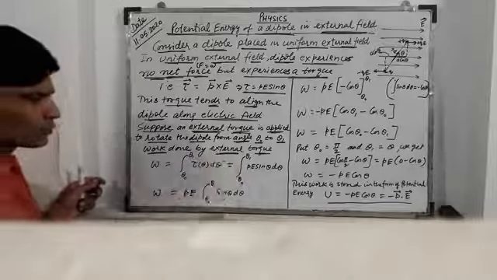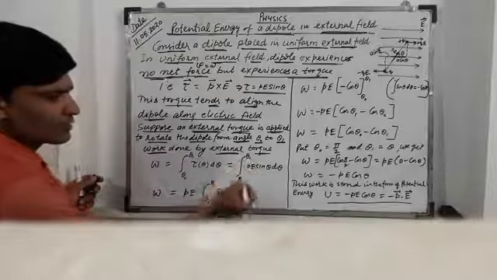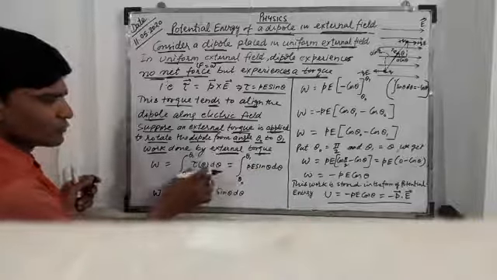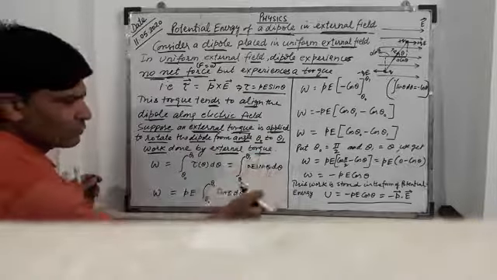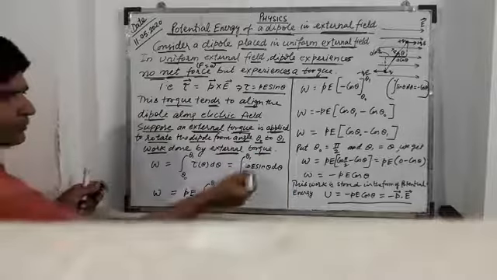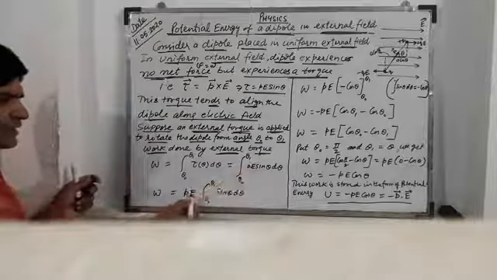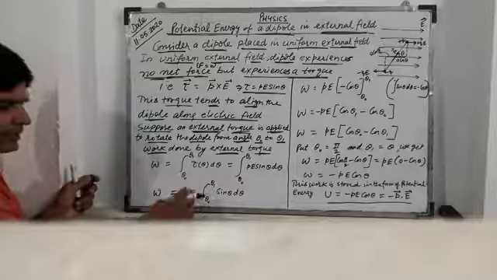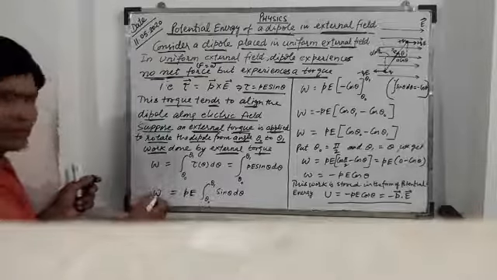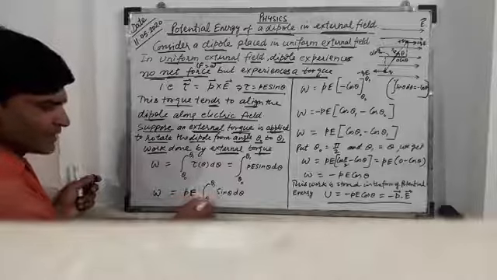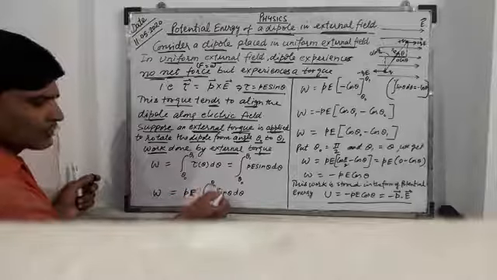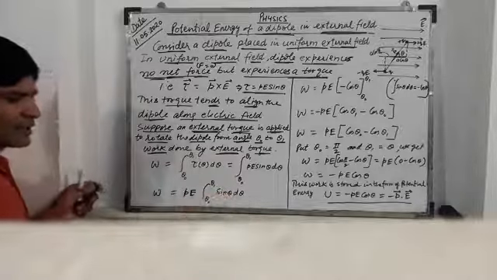The value of tau is PE sin theta, but P and E are constant, so these are taken out. Then we get W equal to PE times the integral from theta naught to theta 1 of sin theta d theta.